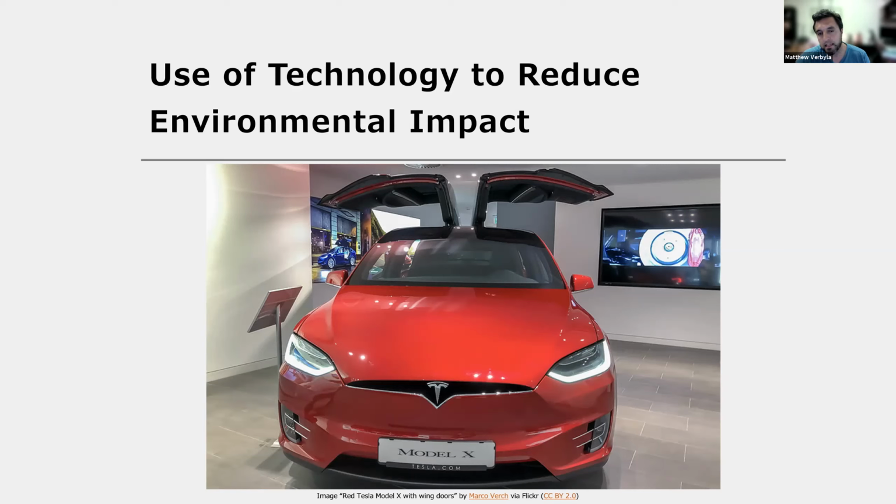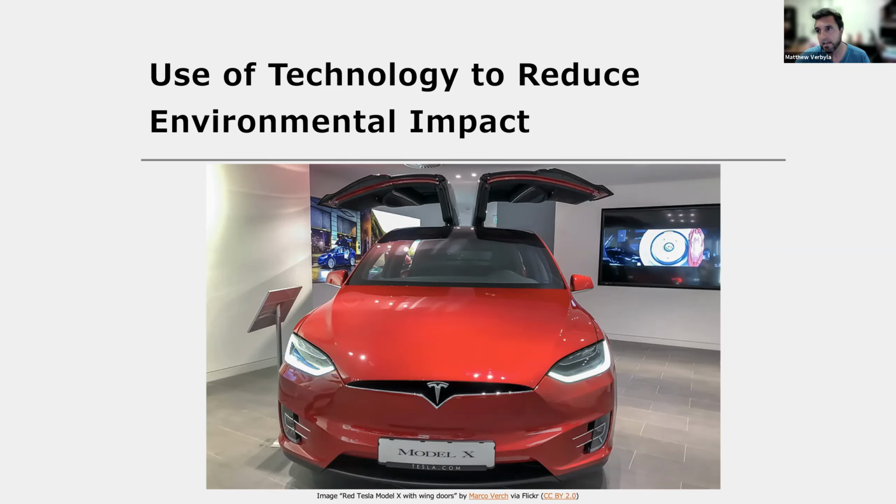However, something like the Tesla may solve the problem of local emissions due to pollution caused by vehicle exhaust.